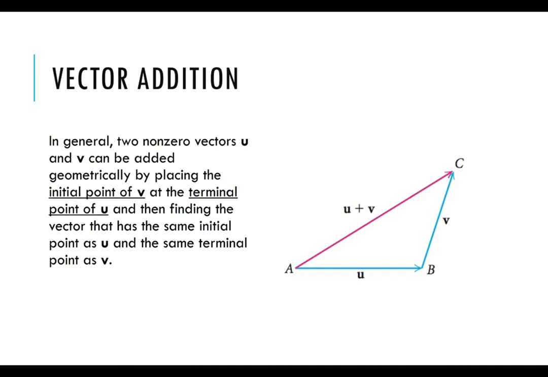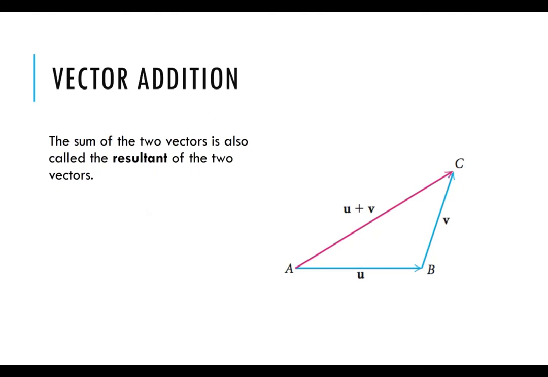If you notice in my image, u plus v gives us this vector starting from A to C. The sum of the two vectors is also called the resultant of the two vectors. And so if u is the vector AB and v is the vector BC, then u plus v is the vector AC.